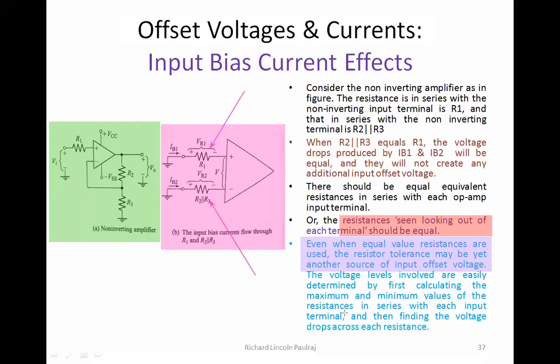So I will calculate the voltage levels or the drops across, having these maximum and minimum values of the resistances. After doing that, I can actually calculate how much I should average the values. See, it is just like this.